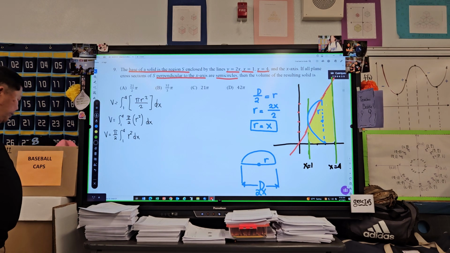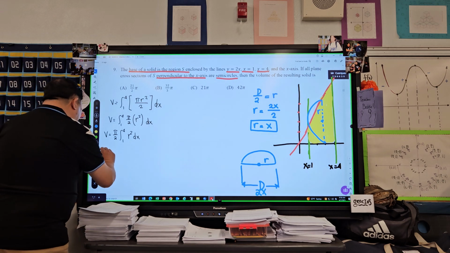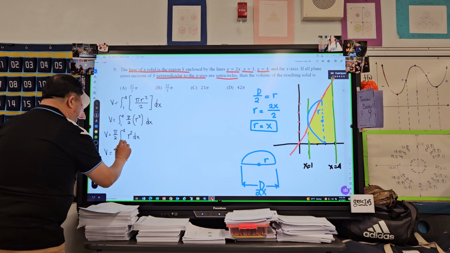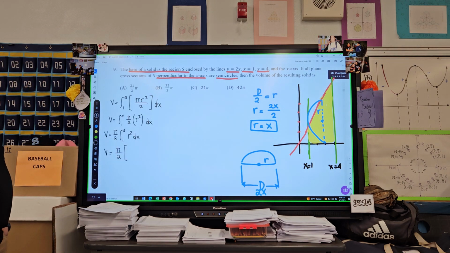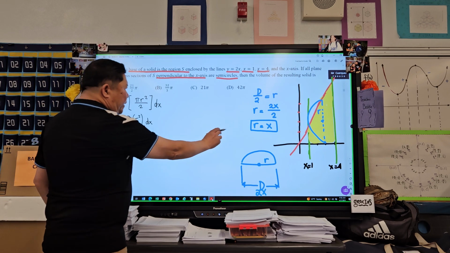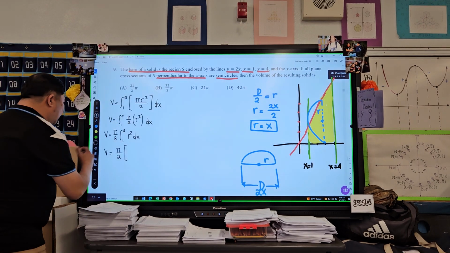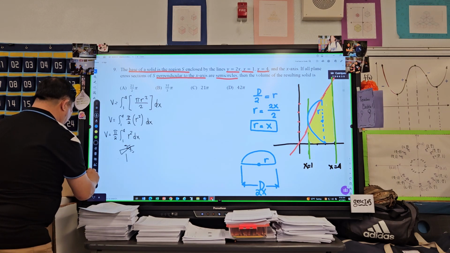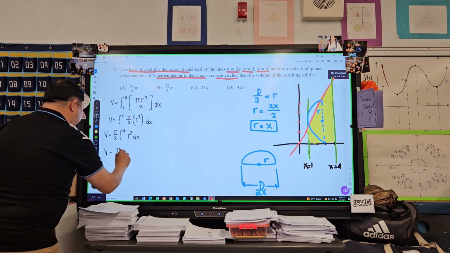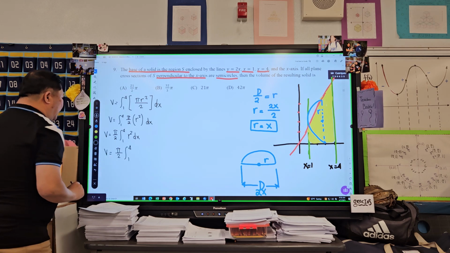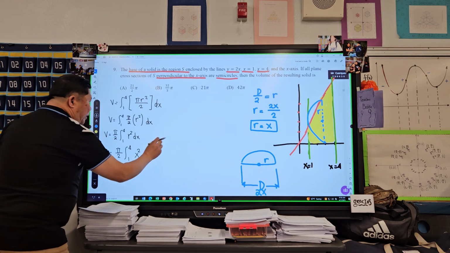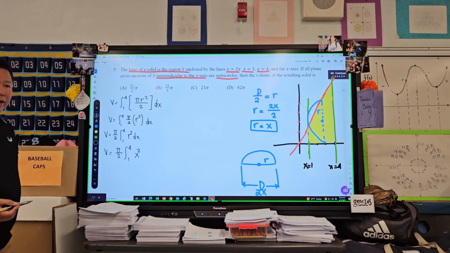So, which means volume, we take the antiderivative, so from pi over 2, and then you have now, what is r? Plug in the r. Before I continue, I'll just write it as the integral from 1 to 4, and then change this r into x squared, because we all know that r is equal to x, right?